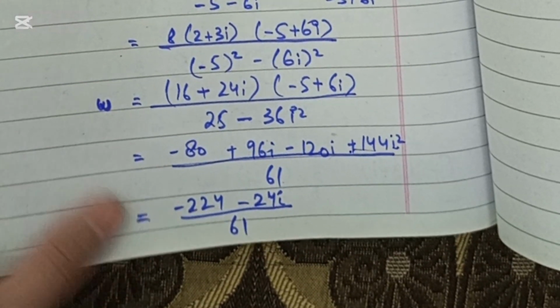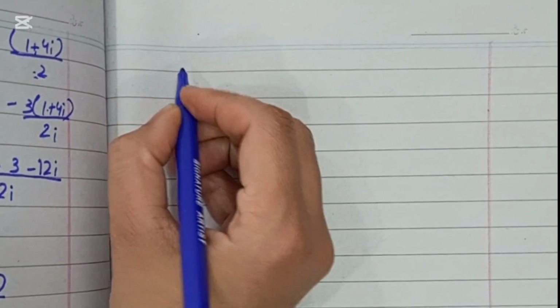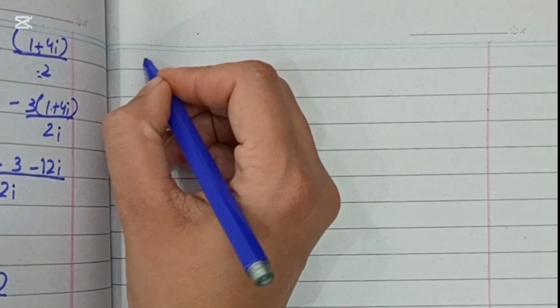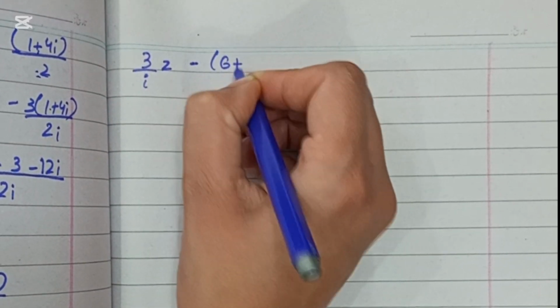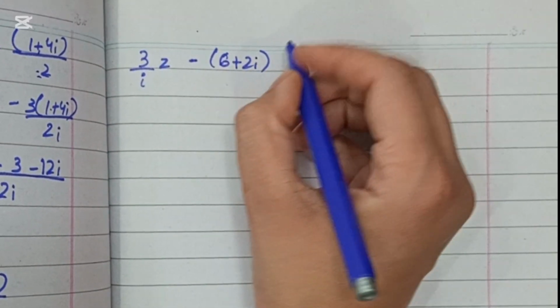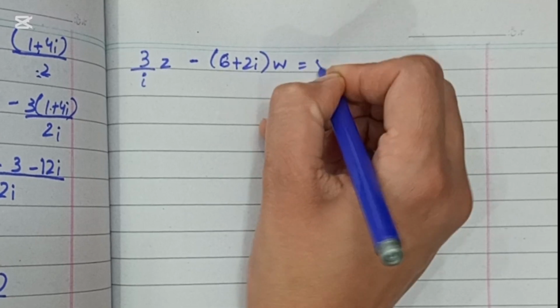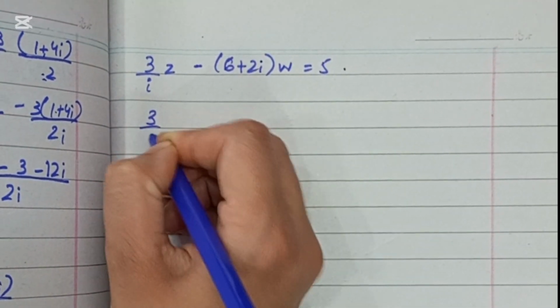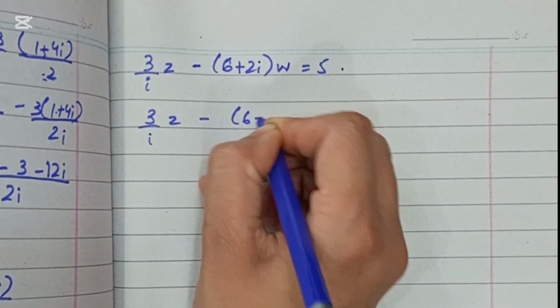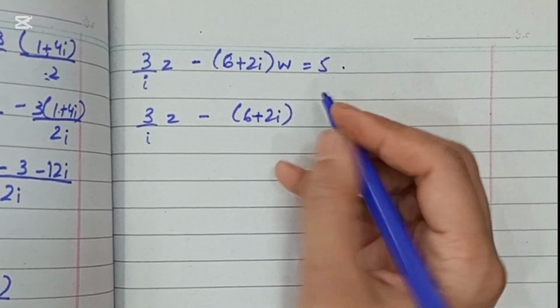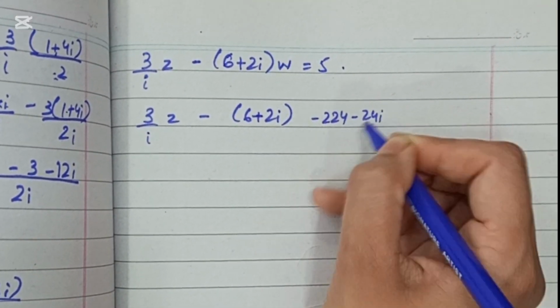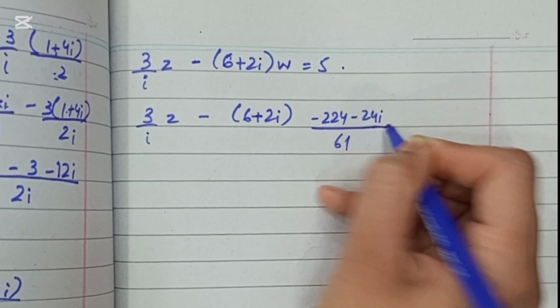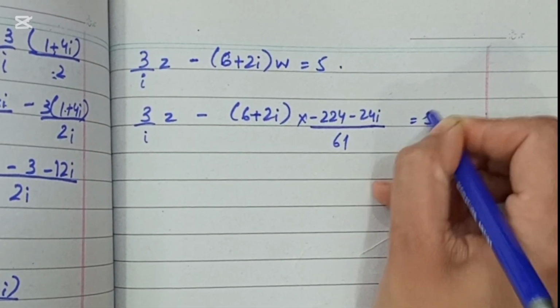Now we will put this answer in the first equation. What was our first equation? 3 by iota z minus 6 plus 2 iota W equals to 5. Instead of W we will write minus 224 minus 24 iota divided by 61 equals to 5.